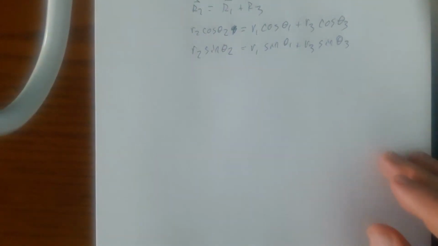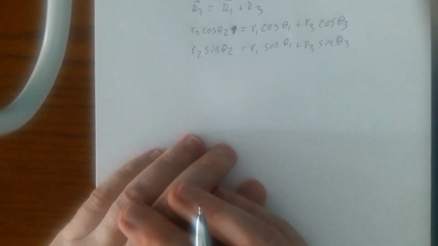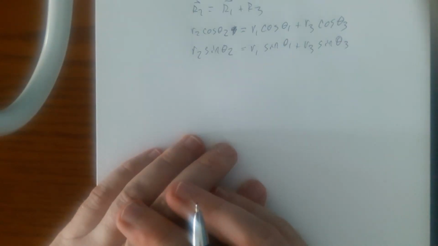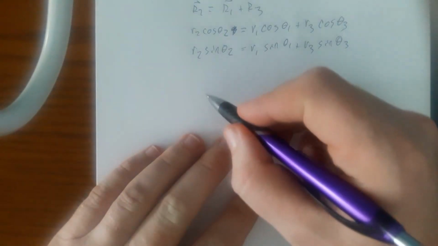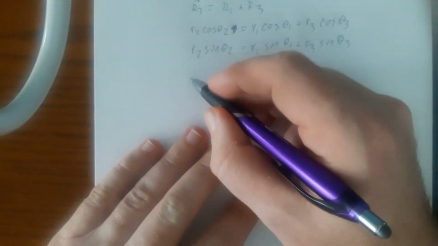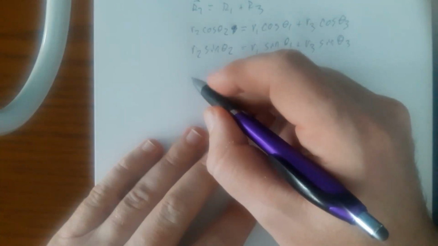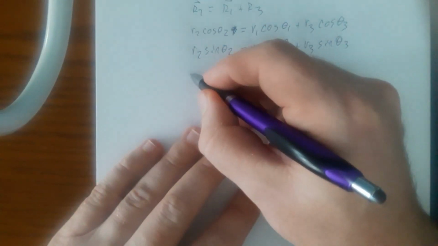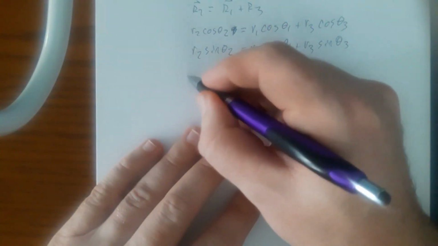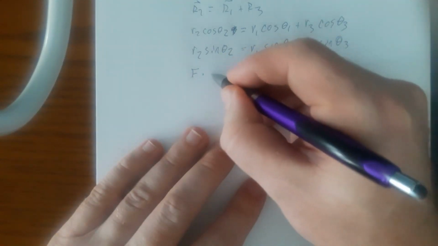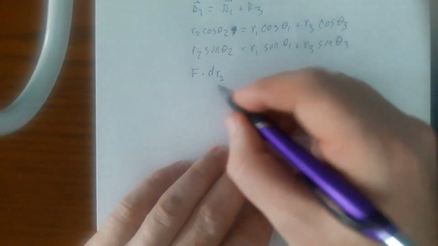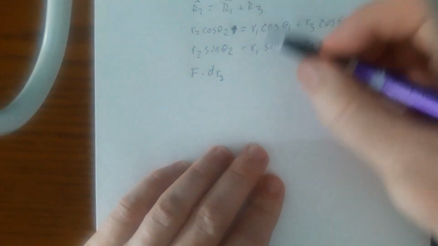All right. Now, what we'll also have for this is a virtual work equation. And so our virtual work will have the work done by the force. And so that's just F dot dr2. Okay, so that's the work done by this force.